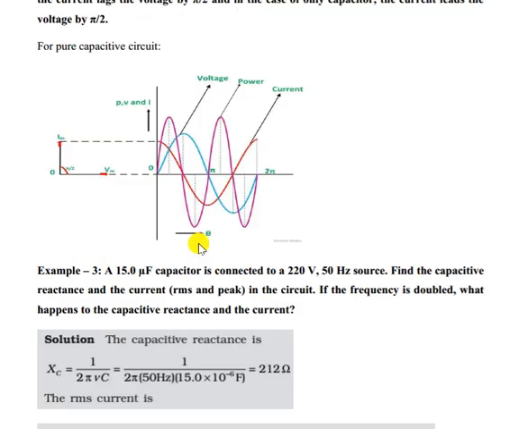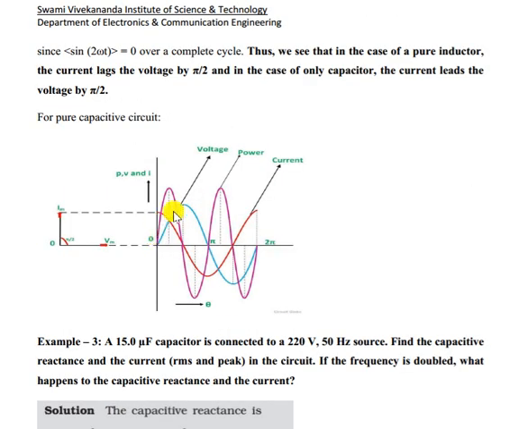Okay. Now see here, the blue one is the voltage, the red one is the current. This is leading, so it is coming from here. It actually started from here, minus pi by 2. Now we can see that if you multiply, up to pi by 2, V and I both are positive, so it is positive.